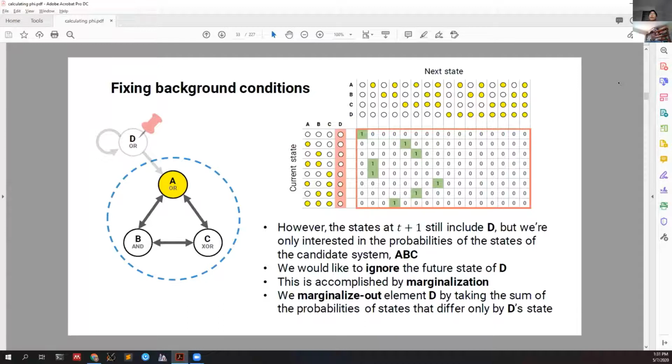So we want to ignore these states at the future time step. We can do it by marginalization. Briefly, marginalization is taking the sum of probabilities of states that differ only by these states. So I will explain how we can do it with TPM.